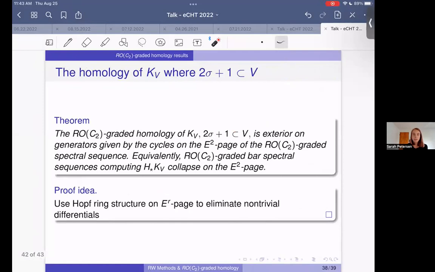And more generally, the RO(C2) graded homology of KV, where 2 sigma plus 1 is contained as V, is exterior on generators given by the cycles on the E2 page of the RO(C2) graded bar spectral sequence. And one shows that using Hopf ring structure on the ER page to eliminate non-trivial differentials.